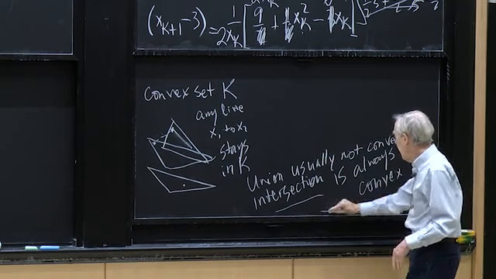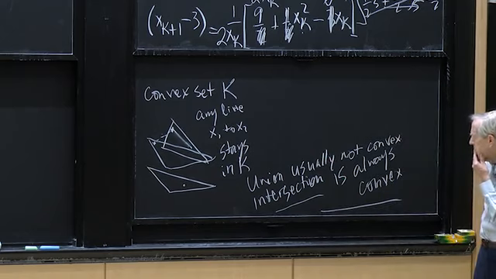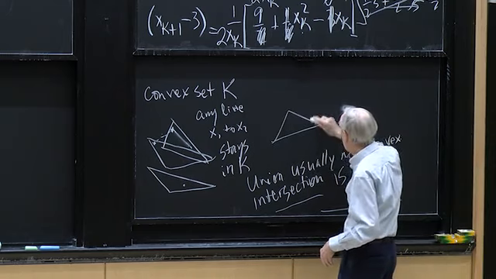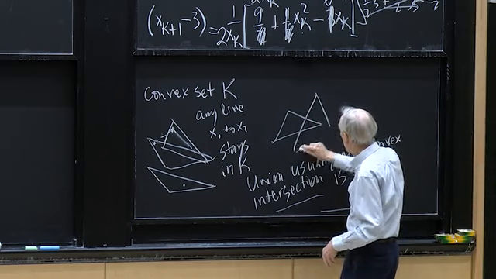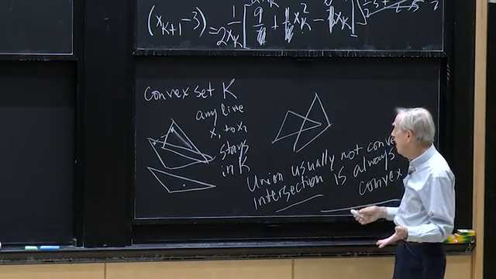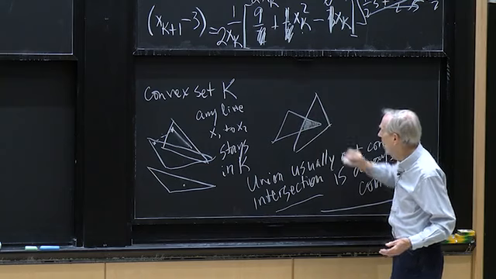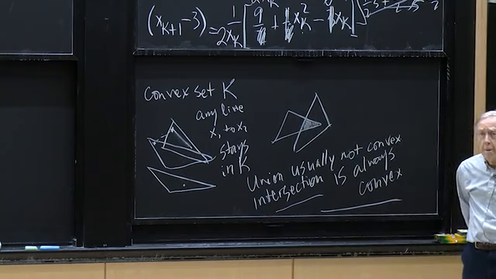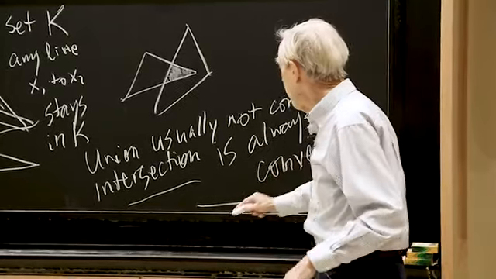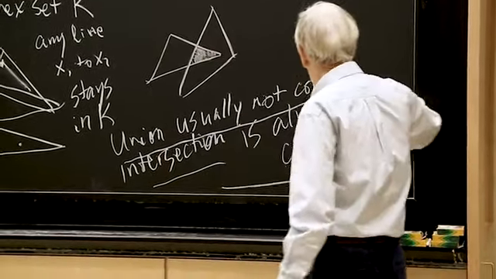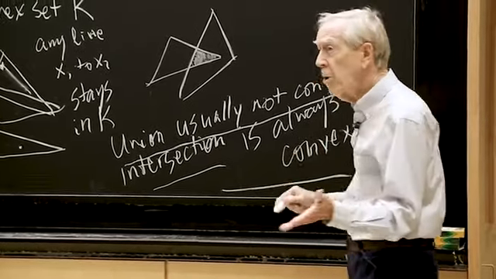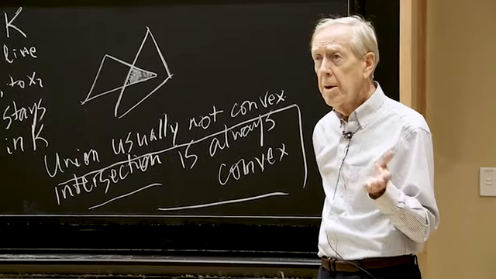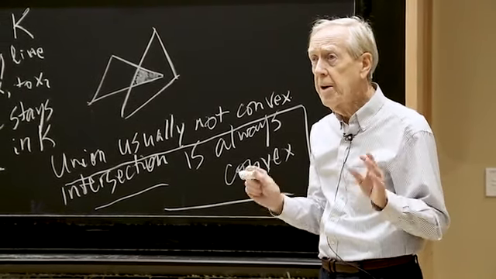Now that's an important fact, that the intersection of convex sets is convex. Let's just draw a picture that shows an example. So what's the intersection? Just this part, and it's convex. Okay, can you give me a little proof that the intersection is convex? Let me start the proof. To test if something's convex, how do you test it?